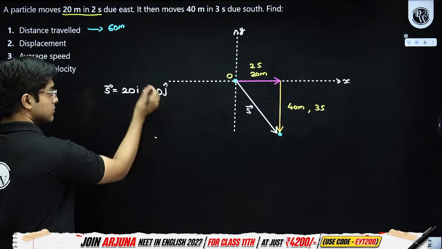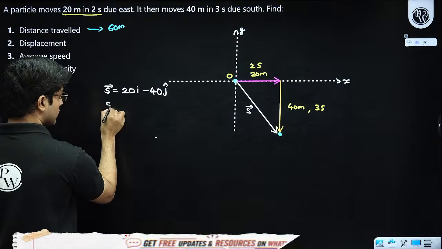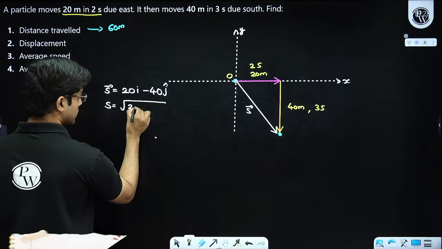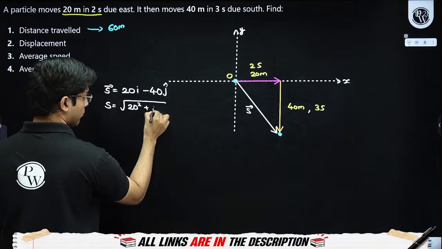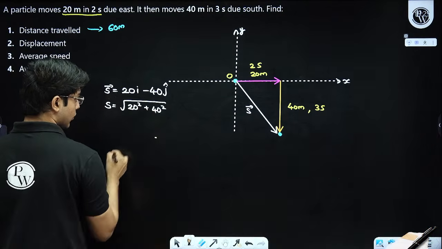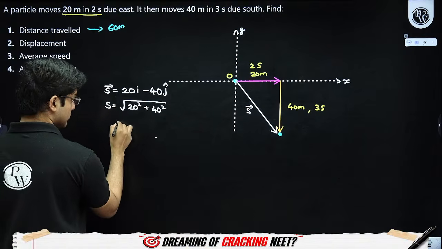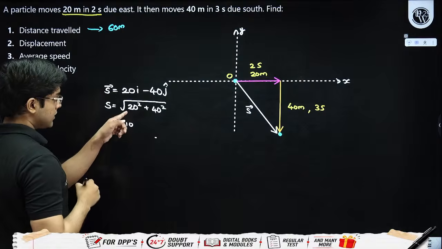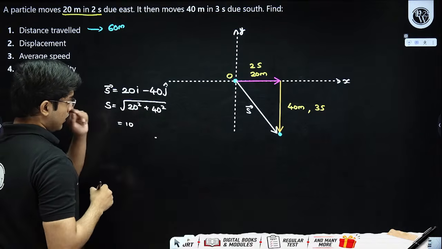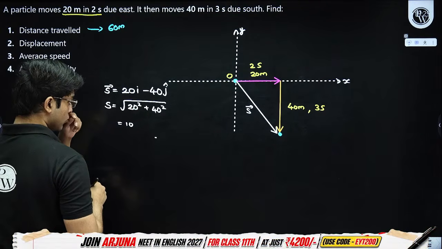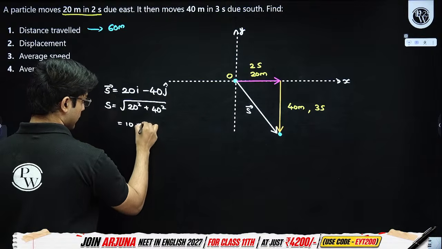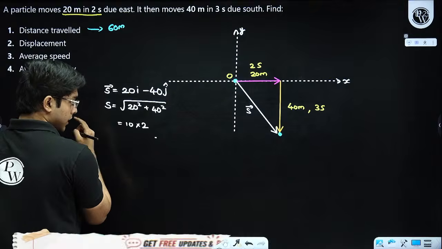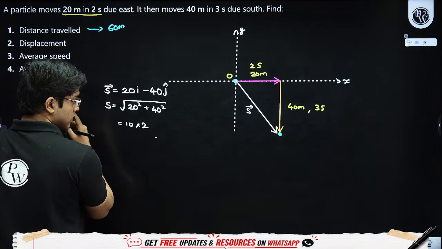This is the displacement vector, and if you want the magnitude, it will be root of x component square plus y component square. Take the 10 square outside, or you can also take the 2 square outside, so 2 comes outside, and inside we have 1 plus 4, right?